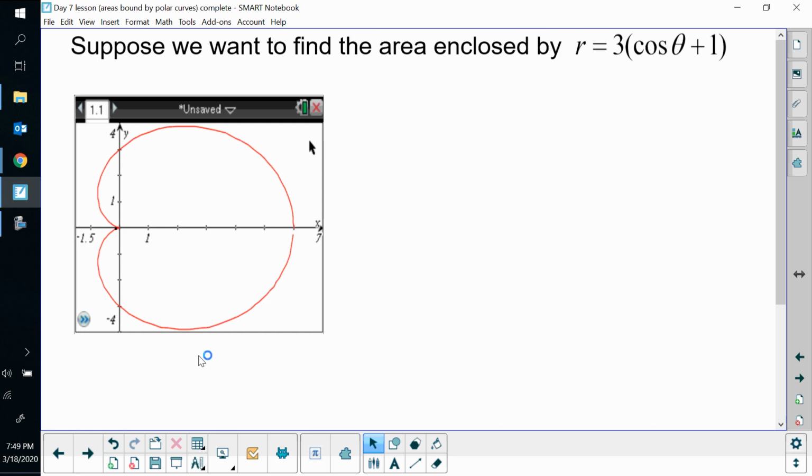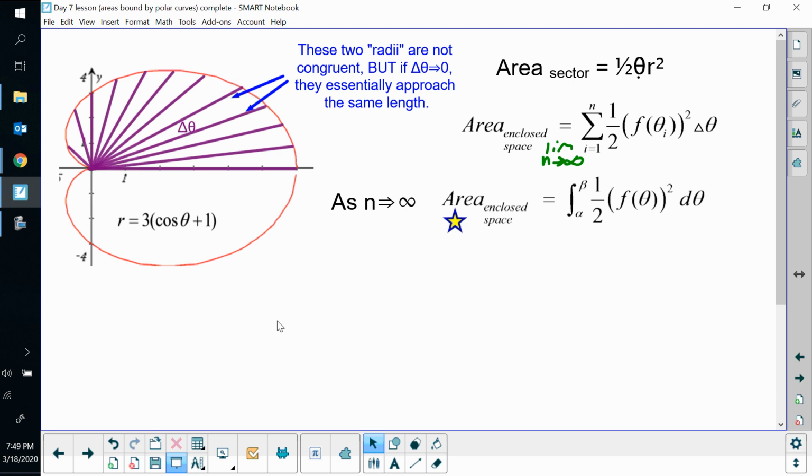Well, say we wanted to find this area. It's not a circle, but imagine we split it up into things that were almost sectors. And imagine we made those delta thetas, the little bit of change in angle, approach 0.